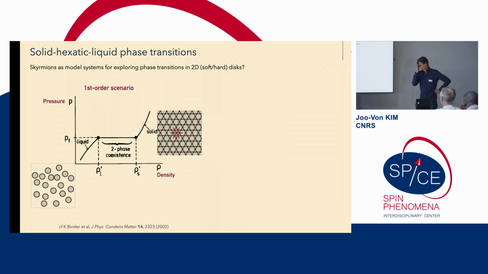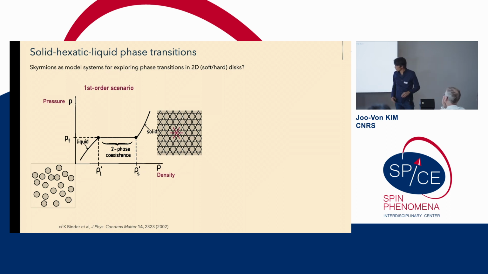So we were inspired by some of these ideas in fluid dynamics, in particular this two-dimensional hard disk model. This is a very simple model of the thermodynamics of fluid systems. You can imagine you have an ensemble of hard disks that cannot overlap. And depending on the density or the pressure of such a system, you can have different phases.